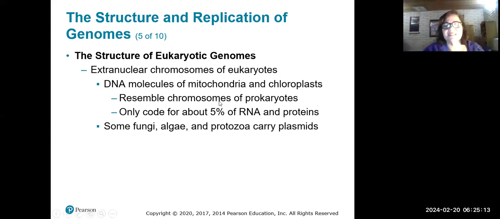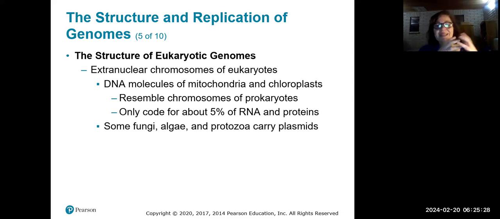This is one of the things that led to the hypothesis that mitochondria and chloroplasts were at one time free-living organisms that then became contained in an endosymbiosis, a symbiotic relationship between two species. Now, the mitochondria and the chloroplast can't survive without the rest of the eukaryotic cell, and the eukaryotic cells can't survive without the mitochondria or the chloroplast.